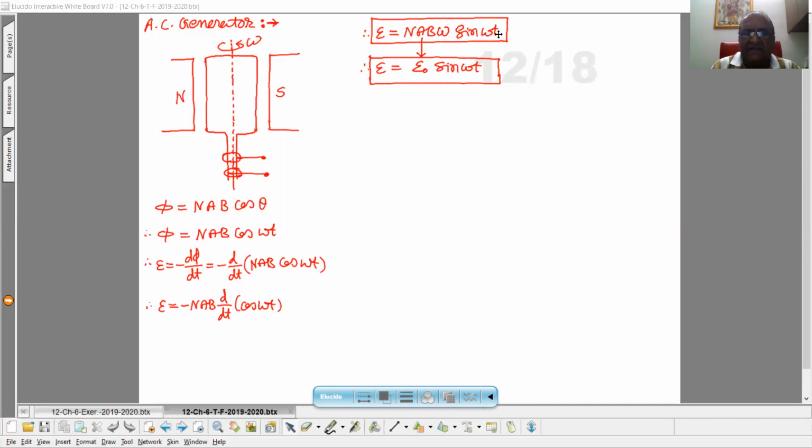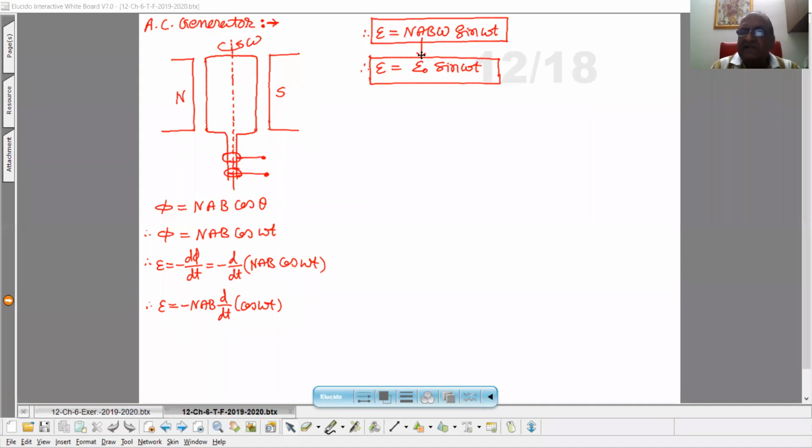It implies that across the two terminals of those slip rings, we get the output voltage NAB omega sine omega t. It implies that our output is periodically changing as per sine function. So the maximum value of the voltage obtained is NAB omega.